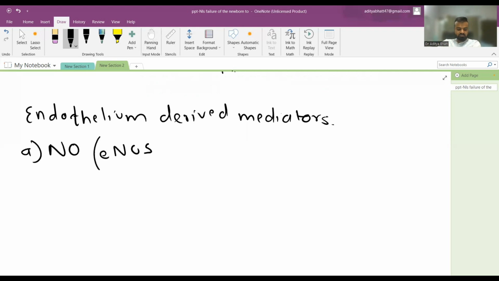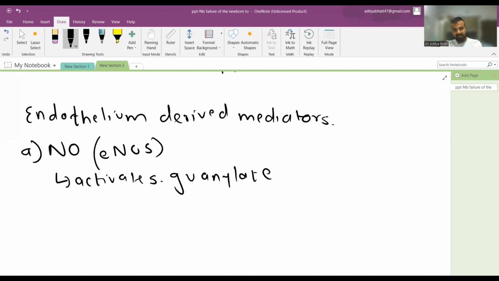It is endothelium derived nitric oxide, and this nitric oxide activates the enzyme guanylate cyclase, and it will lead to an increase in formation of cyclic GMP.